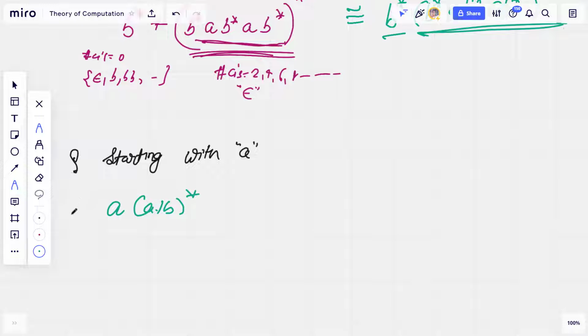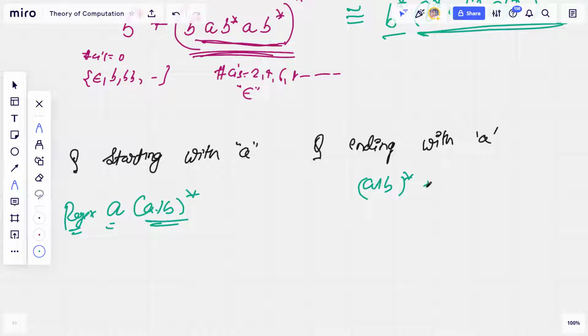You have to start with a and then anything can follow. Similarly, ending with a is again very simple: anything before, that is a plus b star, and then it must end with a. So this is the regular expression.